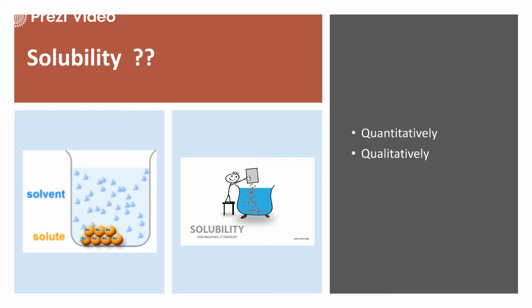But there are substances which are completely insoluble in the solvents, and in some cases we have solubility to a limited extent. So we get saturated solutions once we keep on adding the solute and it goes into the solution. But there comes a point at a specific temperature where no more solute can be dissolved into the solvent, and we call it a saturated solubility.